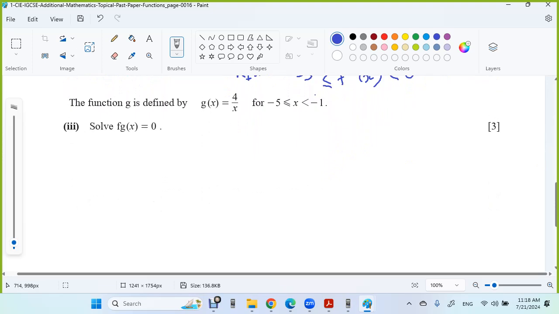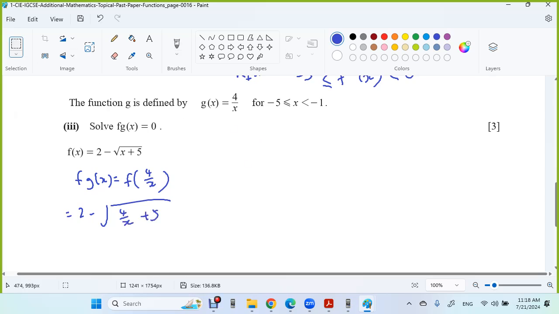So next we want to solve this one, fg(x) equal to 0. Okay, so fg(x) is g(x), we put the g(x) inside the f. So 2 minus square root of 4 over x plus 5. So we have fg(x) equal to 0.